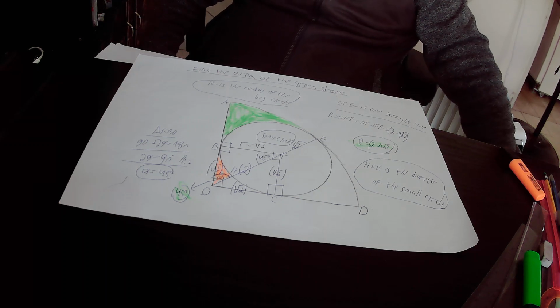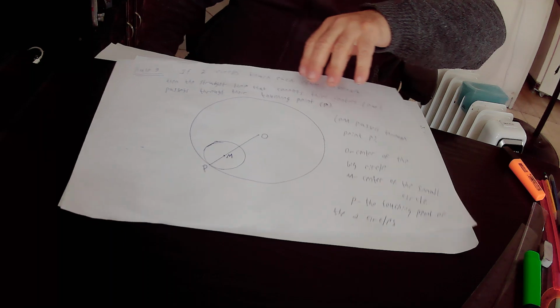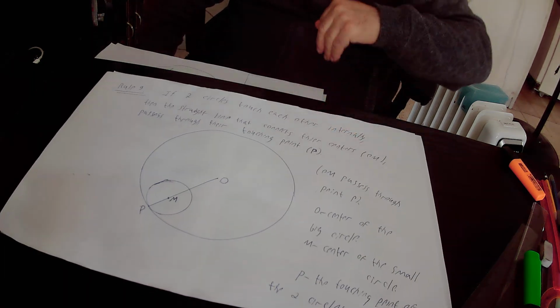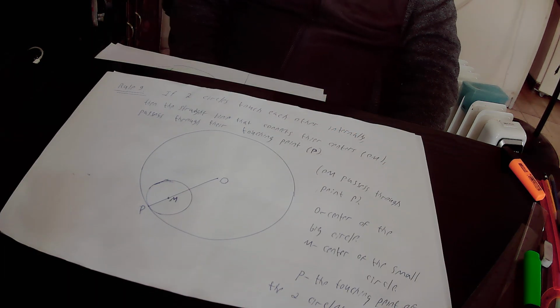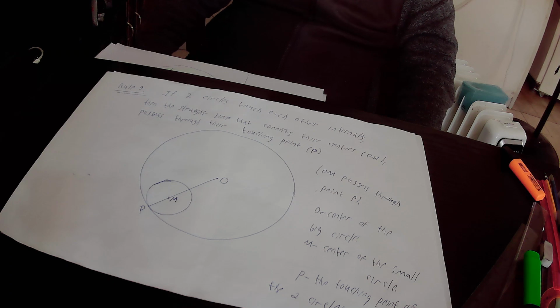In the next step, I presented to you a new rule, and we implemented the new rule in our drawing. According to the new rule, if two circles touch each other internally, then the straight line that connects their centers together must pass through their touching point.